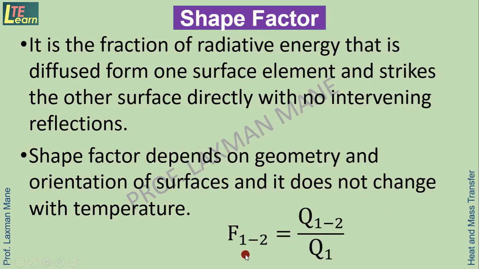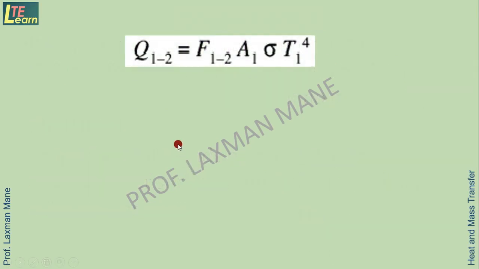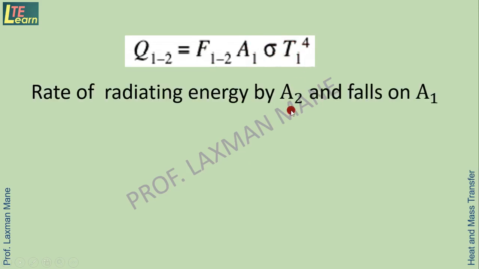Now the shape factor for heat exchange from 1 to 2 is Q1-2 divided by Q1. This is the heat exchange between two areas, and this is the energy radiated from area A1. So by this we can write the equation Q12 is equal to F12 into A1 sigma T1 raised to 4.